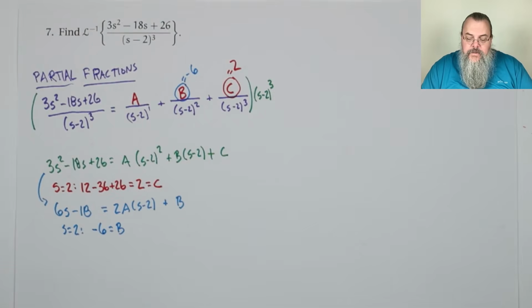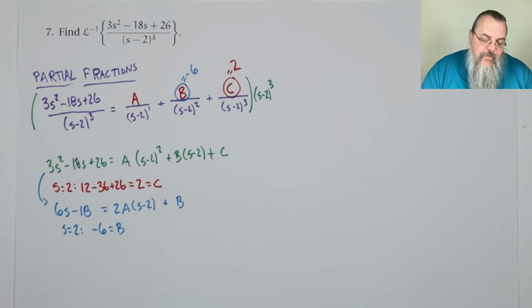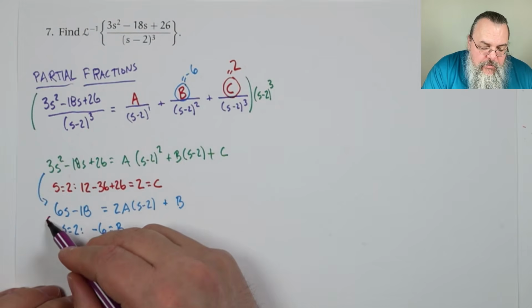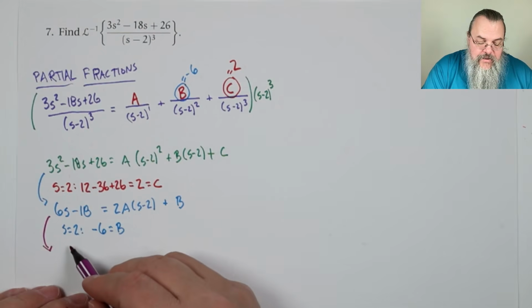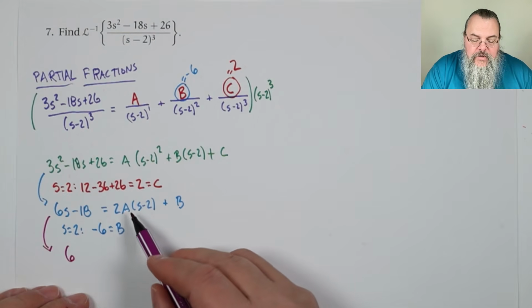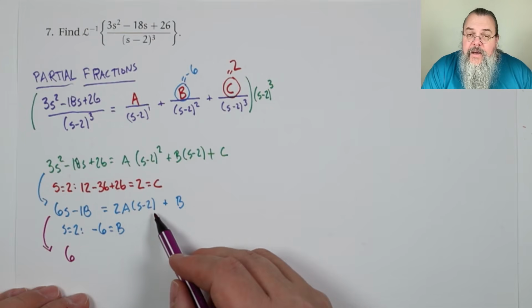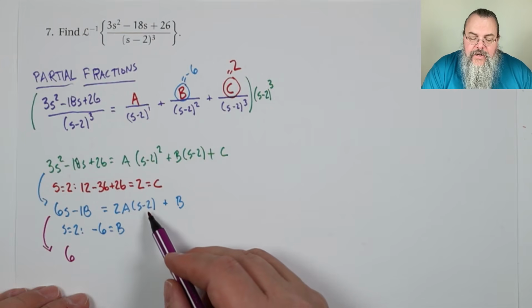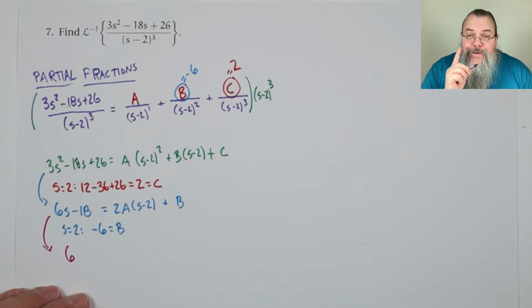All right, what can we do now? We have an idea so nice, let's use it twice. Let's take another derivative. What's the derivative of 6s minus 18? 6. What's the derivative of 2a times s minus 2? Well, 2a is a constant. Derivative of s minus 2? 1.